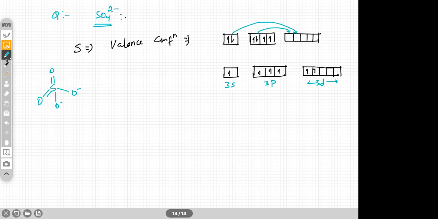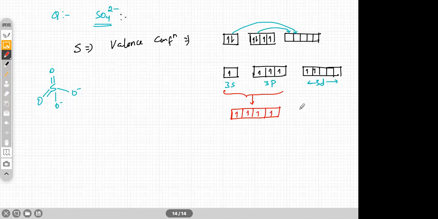So what I'm telling you here, out of these 6 atomic orbitals, these 4 will go into hybridization and form sp3 hybrid orbitals, which have 1 electron each. And these 3d orbitals will be left unhybridized with 1 electron each, like this. This is 4 sp3 and this is 3d. Is it clear till here, all of you?